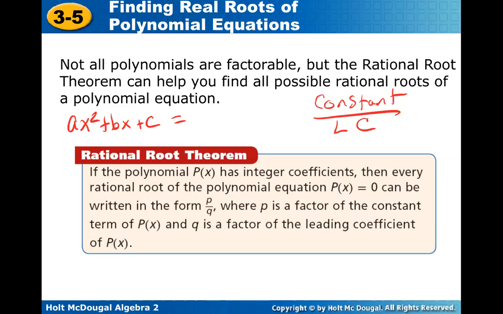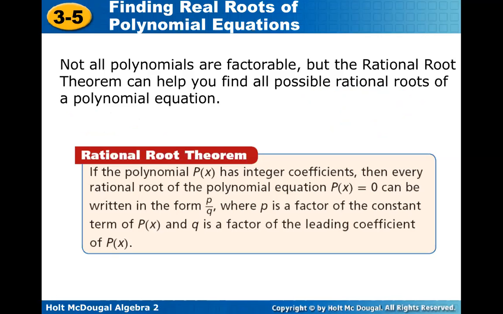If you don't remember, that's fine, but it was putting those two together. Well, isn't C the constant? And isn't A the leading coefficient? So we did some factoring using A and C, so hopefully that's why we use those numbers.